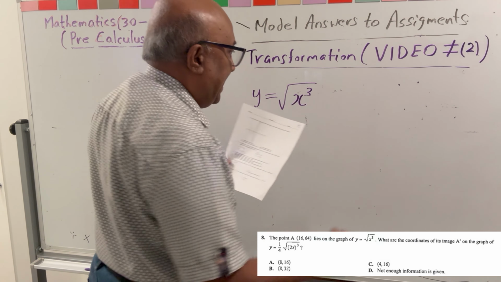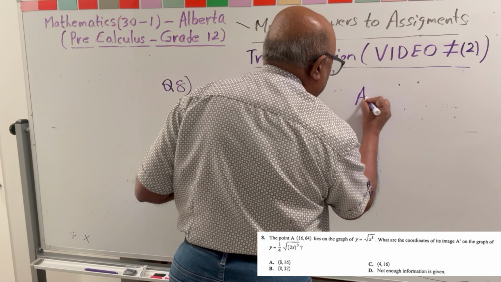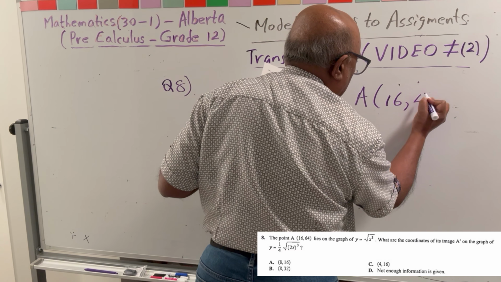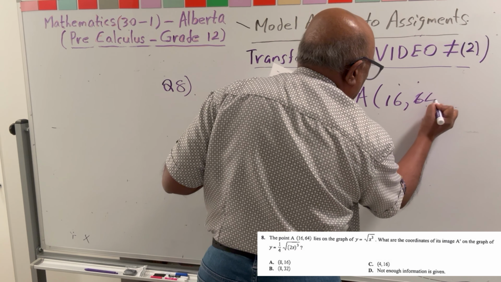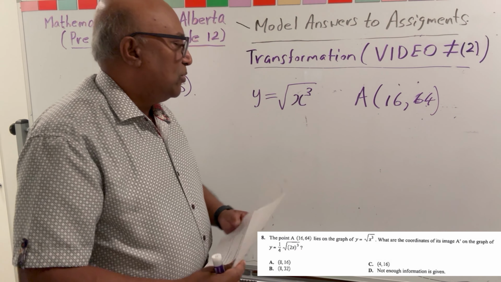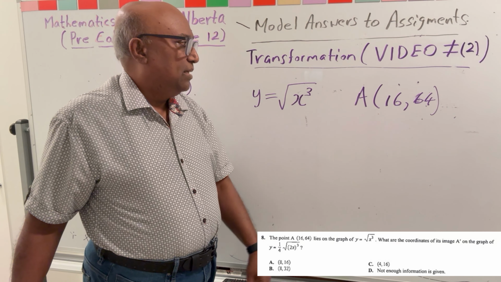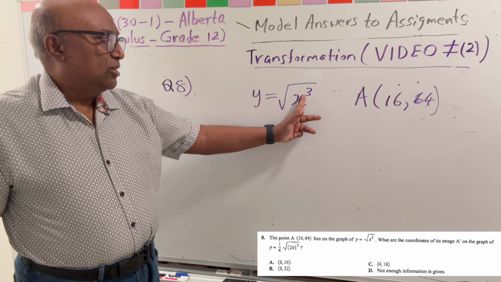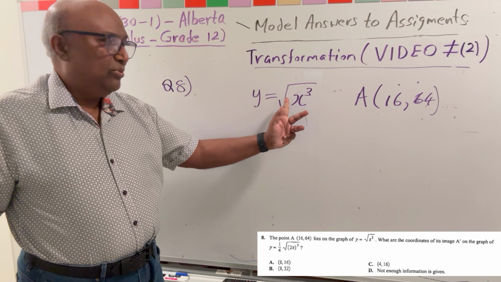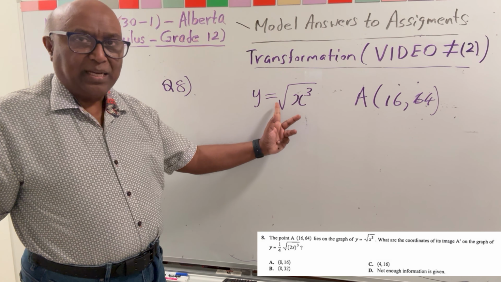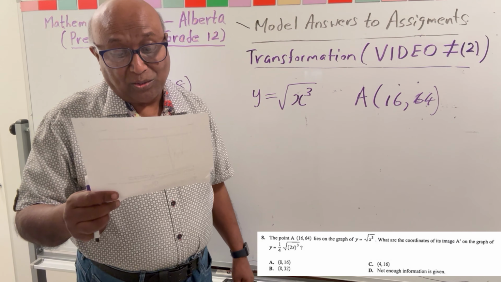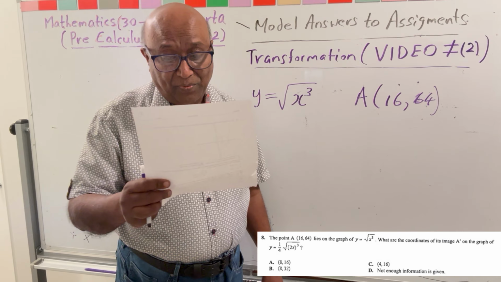The point A is located on this graph. For our information, that is obvious, no? That means when you plug in this value here, x equals 16 cubed, if you take the square root using the calculator, you get this value. That is obvious, okay? It's on the graph.